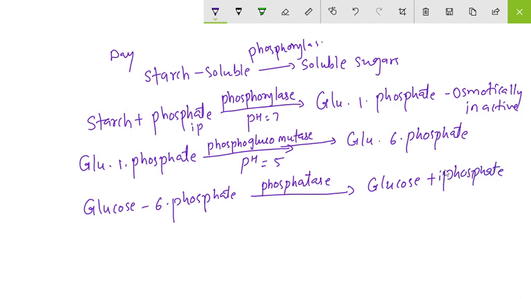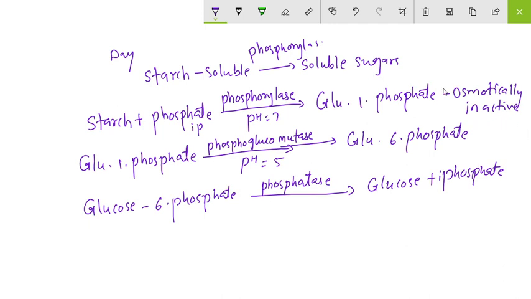So in this interconversion in the guard cell, the starch which was insoluble is converted into a soluble form, the soluble sugar. So how does the soluble sugar form? The starch in presence of inorganic phosphate and the enzyme phosphorylase at pH 7 is converted into glucose 1 phosphate, but glucose 1 phosphate is osmotically inactive.